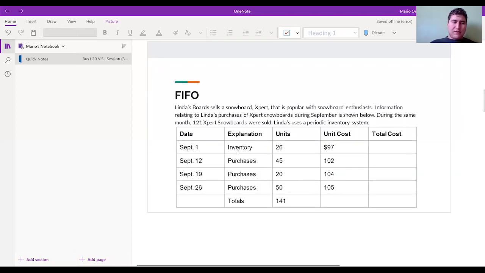So what's the first thing we want to get out of this information to make our job a lot easier? Because we're going to end up wanting to find the ending inventory, the cost of the ending inventory, as well as the cost of goods sold.